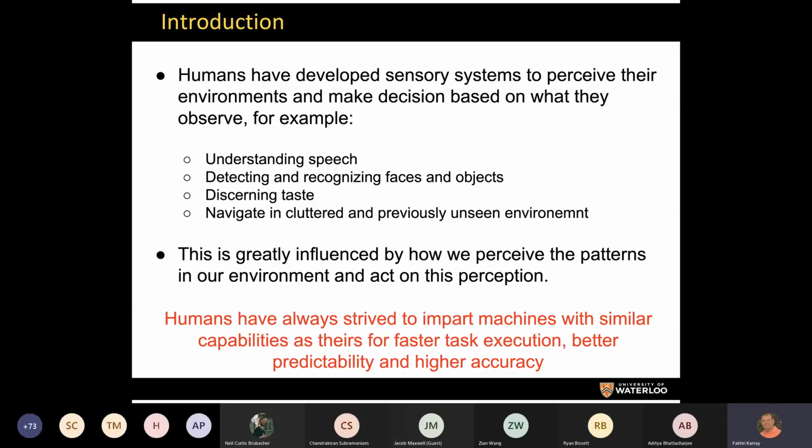So these were challenges that people saw when they tried to create algorithms or machines that would mimic the human in these particular fields.